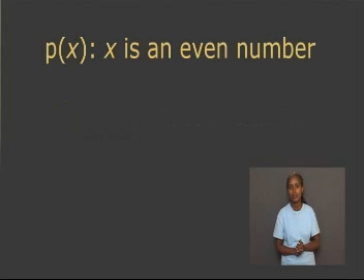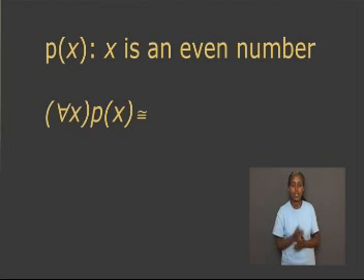Let us take the statement that x is an even number. This statement is represented by P of x. If we apply the universal quantifier to P of x, then what is the truth value of the statement?